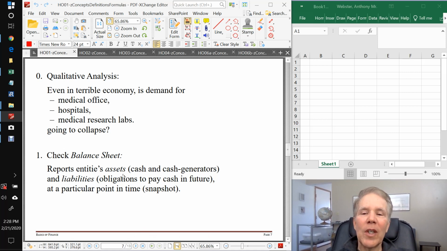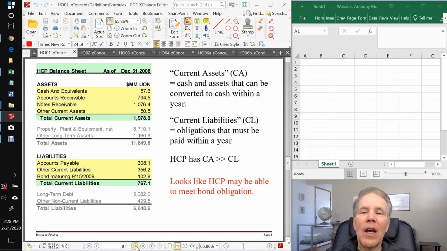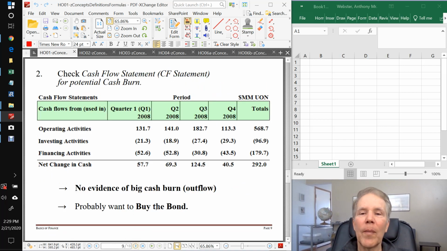In this case, we looked at the balance sheet, which showed that this particular entity, HCP, had many, many more current assets than current liabilities. That gave us warm, fuzzy feelings because the bond contract we were thinking of buying ended in 6 months. So we didn't care too much about other stuff on the balance sheet in the distant future.